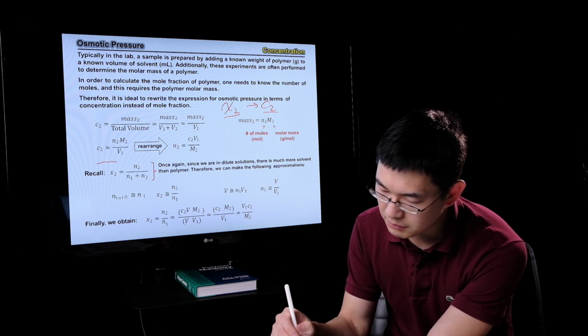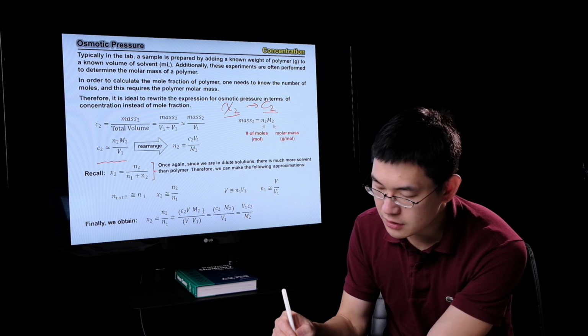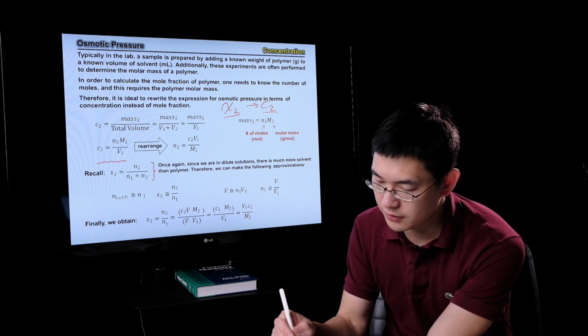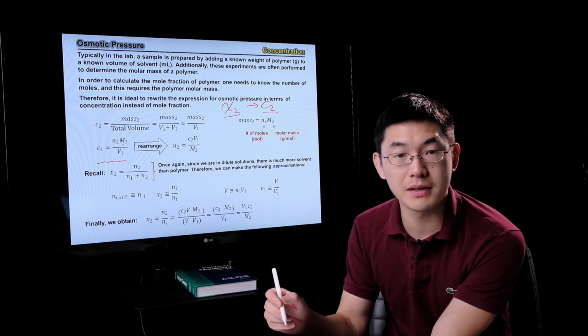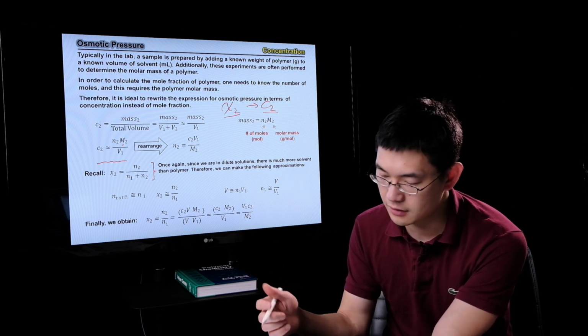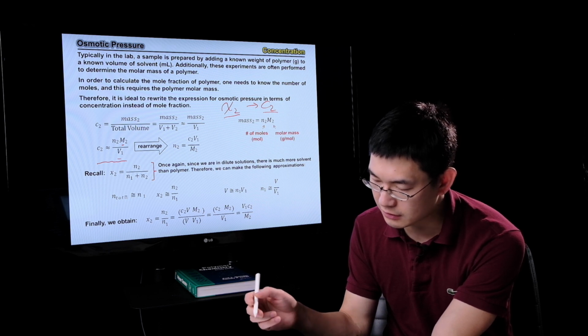So C2 would be equal to n2, how many moles of your polymer, multiplied by M, your molecular weight, and divided by V1. V1 is the volume.